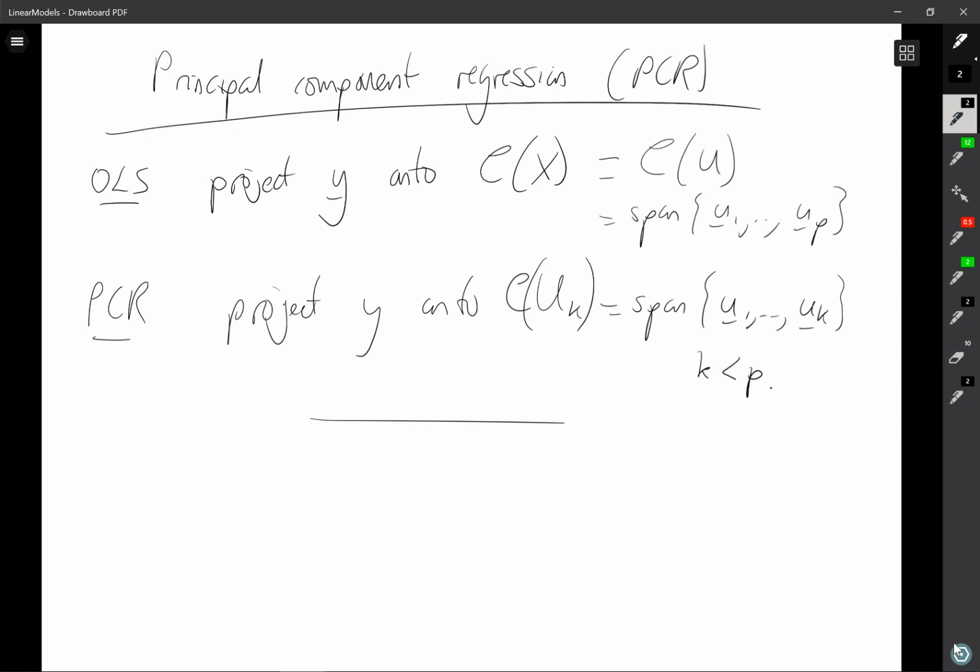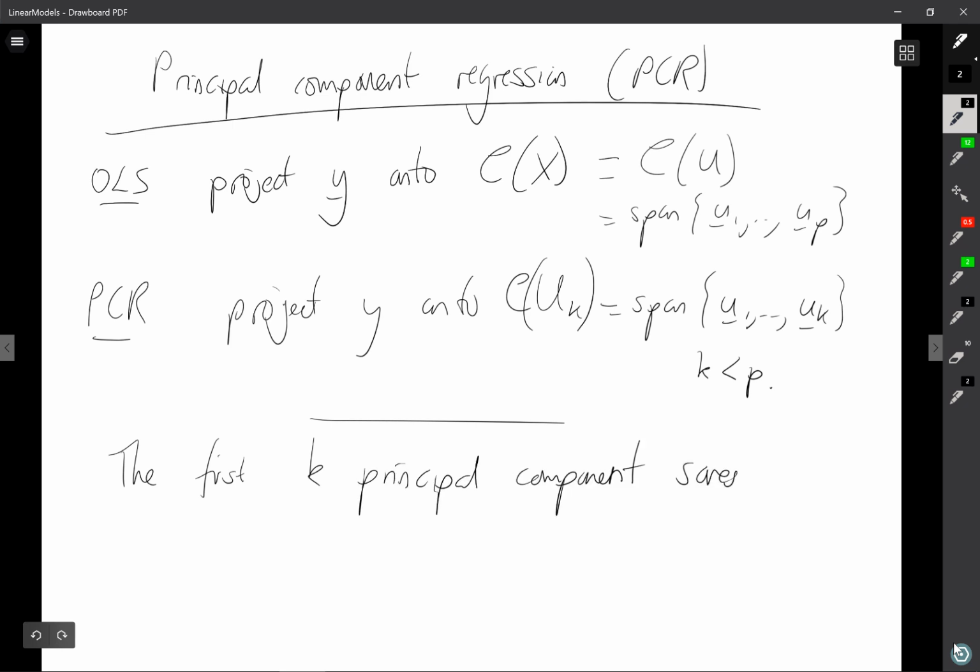So let's say that the first k principal component scores of X are, let's call it Z, which is X projected onto Vk. Or we can also write this as Uk Sigma k, where Vk, if you remember from our notation before, is just the first k right singular vectors.